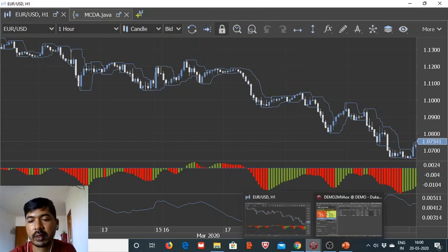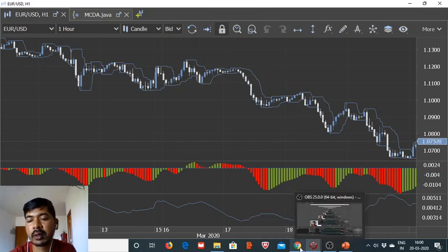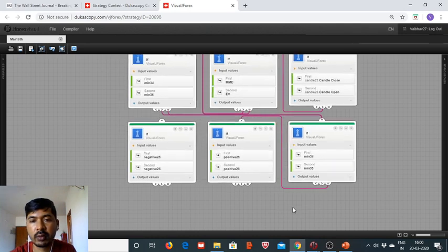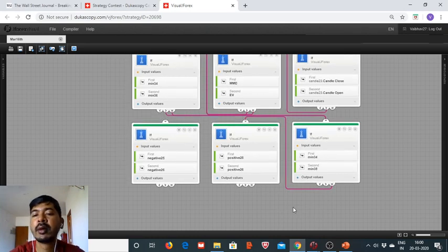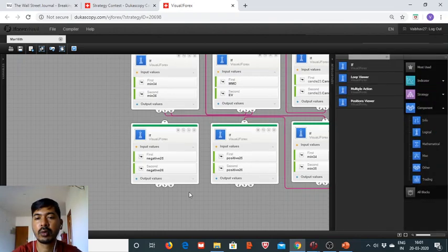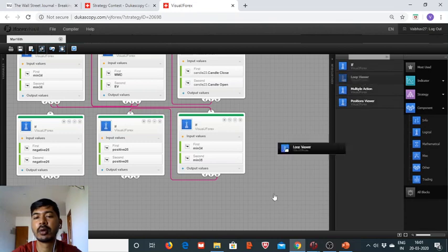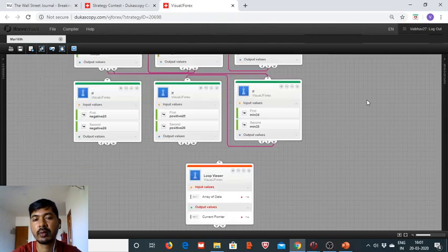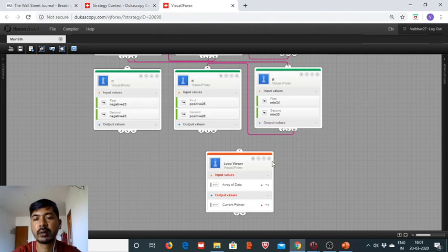So we connect the if blocks here to be equal, but since we have to utilize the multiple action block also, because only one flow is available for us and then we need to divide it.